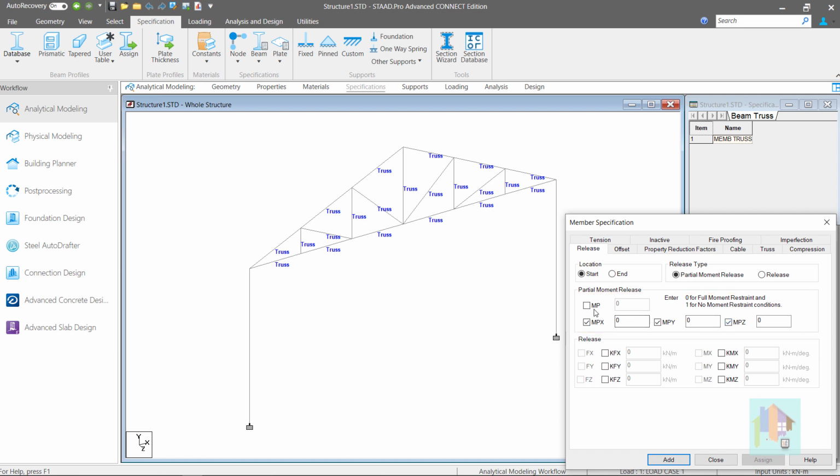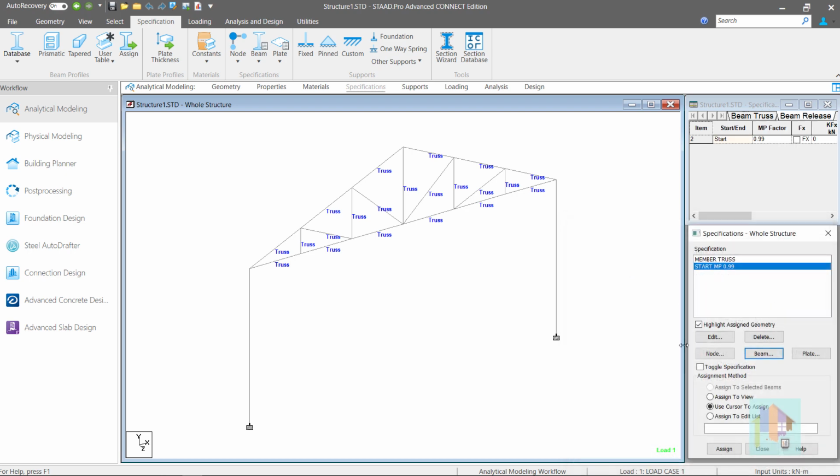For a truss member, there is no rotational stiffness in any direction, so we can specify the MP value as 0.99 and assign this to the start and end of each truss member.